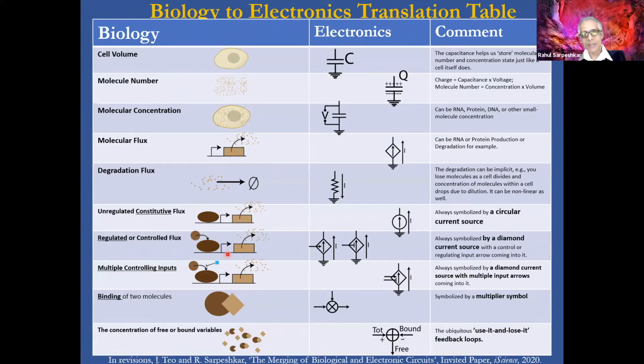And there are many, many complex feedback loops that get built up when you wire these circuits together. But when you have done so, you have an exact representation of what the virus is trying to do and what the immune system is trying to do and how this fight will go on.